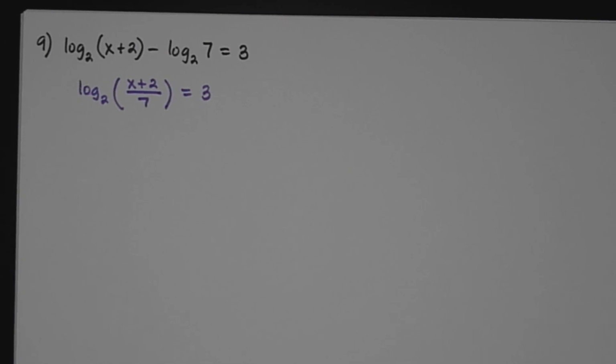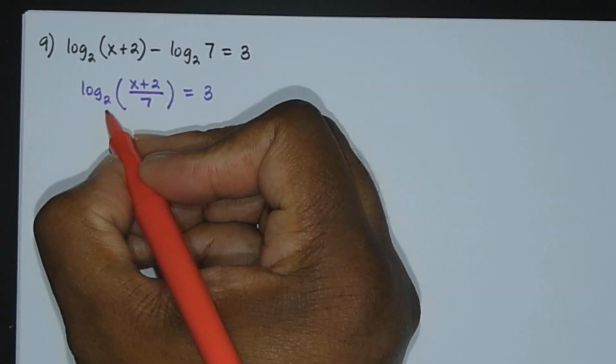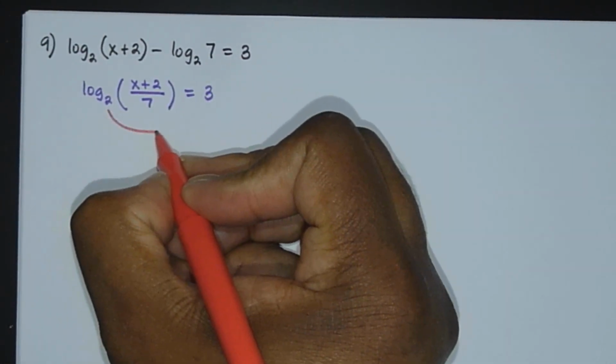Now, with this problem, we only have the logarithm on one side of the equation. So with this, we're going to have to convert that into its equivalent exponential form. So that means here, the subscript for your logarithm, that's your base, which is your 2.